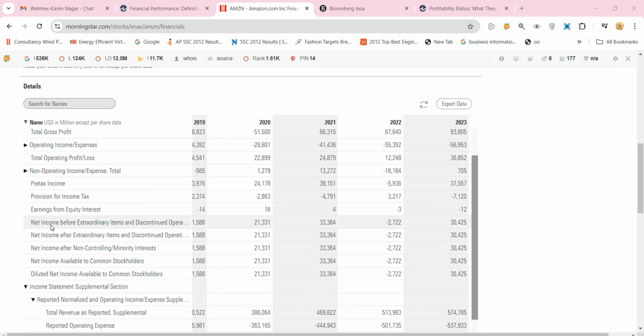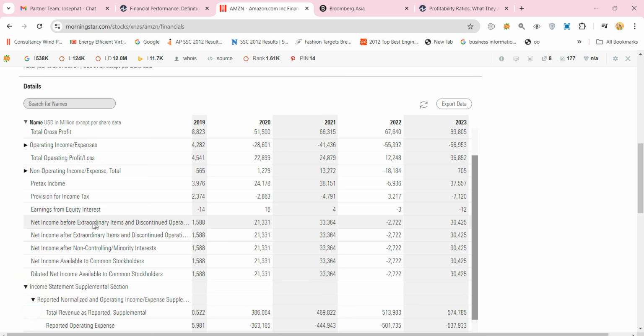The final one is net income. Net income, I want you to take this value after provision of income tax. You will be left with earnings from equity interest, and finally you will have the net income. This value is the net income value. So we just include this value.